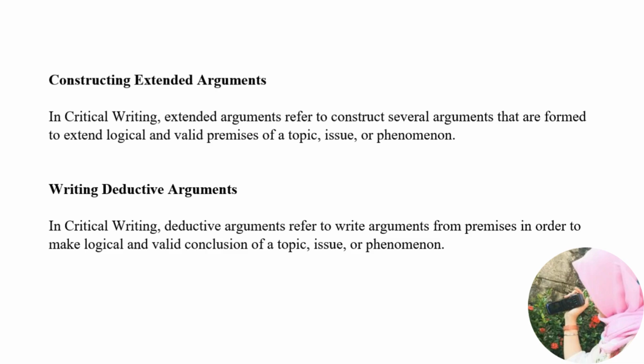In critical writing, extended argument refers to constructing several arguments that are formed to extend logical and valid premises of a topic, issue, or phenomenon. While deductive argument refers to writing an argument from premises to make a logical and valid conclusion of a topic, issue, or phenomenon. So constructing extended argument is formed to support your introduction and body writing of critical writing, while writing deductive argument will support your conclusion.